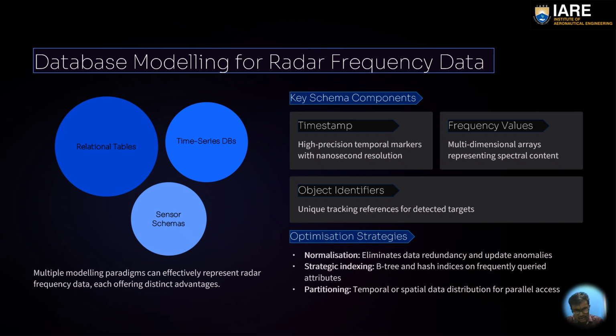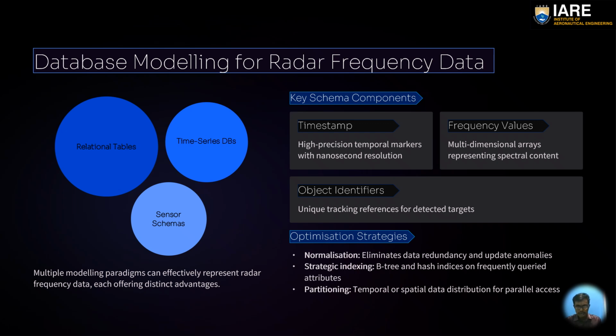Next, sensor schemas. These form a database in which multiple modeling paradigms can effectively represent radar frequency data, each offering distinct advantages, due to which here we come across the components of the key schema.